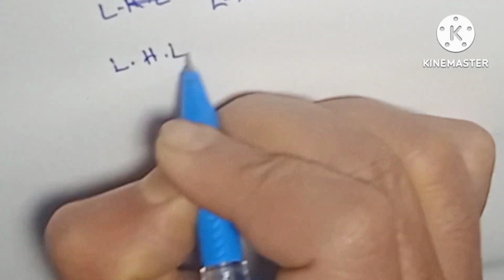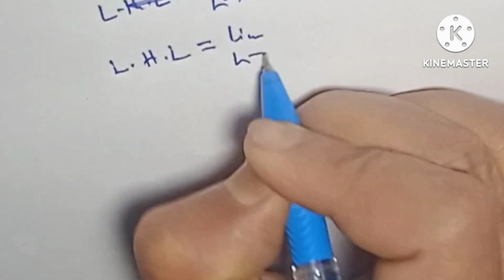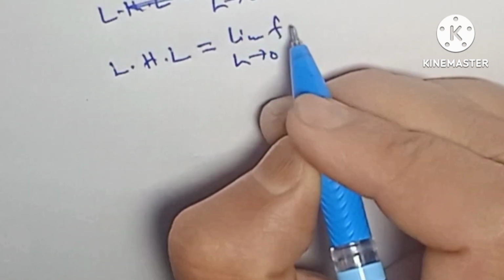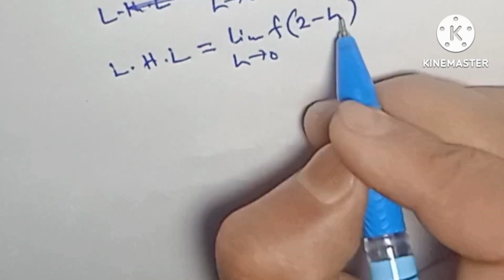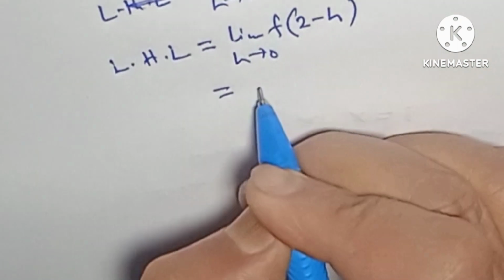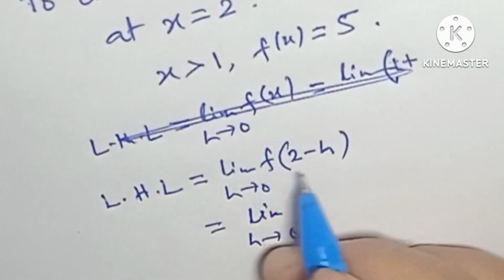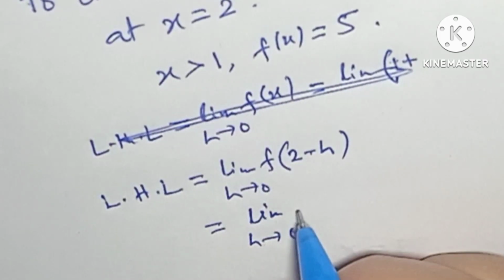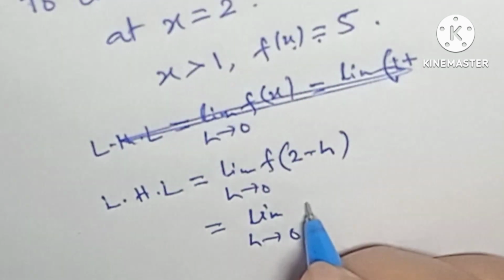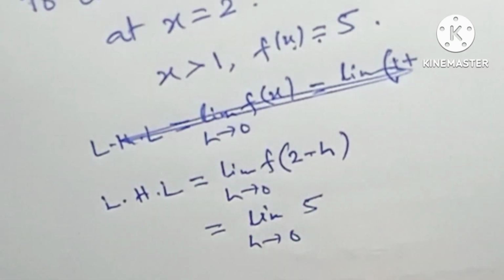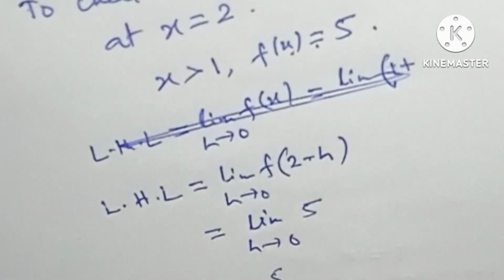Left hand limit is equal to limit h approaches 0 f of 2 minus h from the left side. Here f of x equal to 5, so the limit is 5.